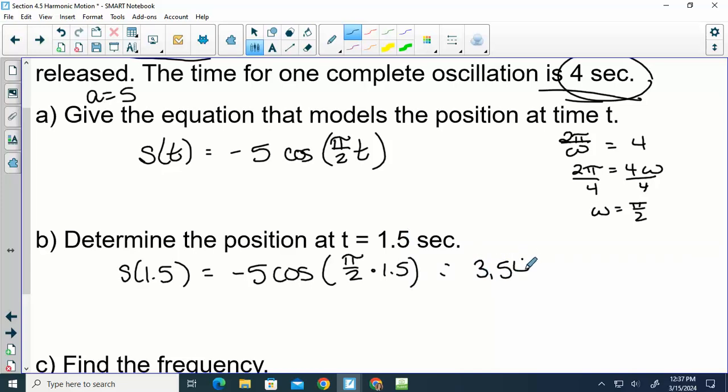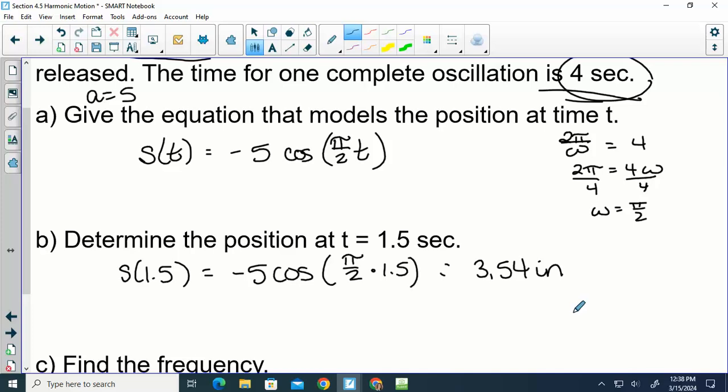This is my height, so it would be in inches. I get a positive, so that means it's currently on its way up, or it's been going up. So it's above the equilibrium point right now.